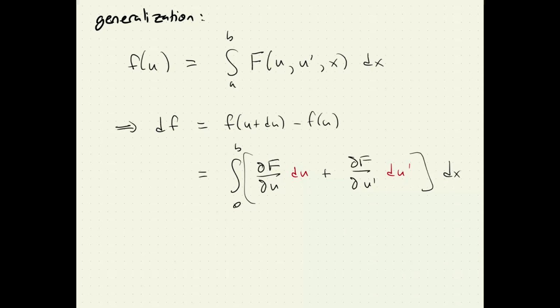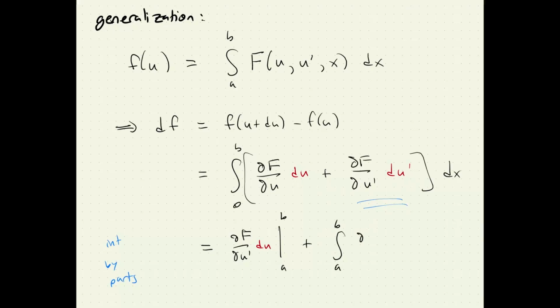But now you integrate by parts on the du prime term, because we don't like having du primes. And so you get partial f partial u primed times du evaluated at a, b, and then we have a plus an integral from a to b.